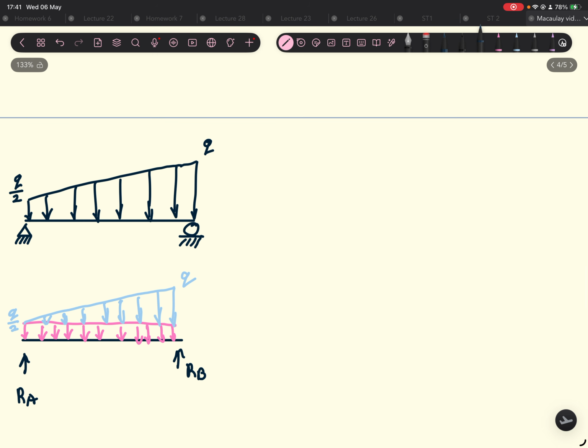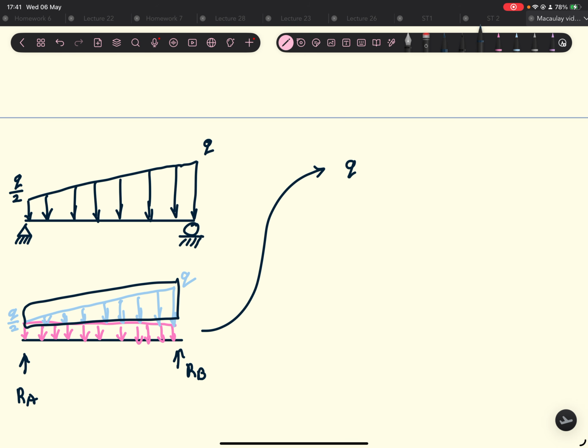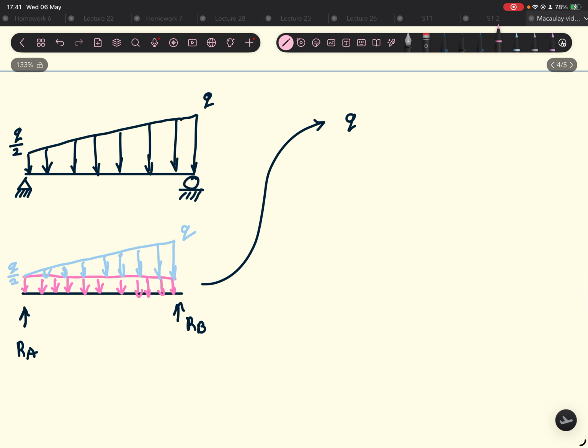Cool. So if you have this case and you're trying to find Q, it is going to be the sum of this portion and the bottom portion, right? For the bottom portion, we have a constant, and it's acting at Q over 2.